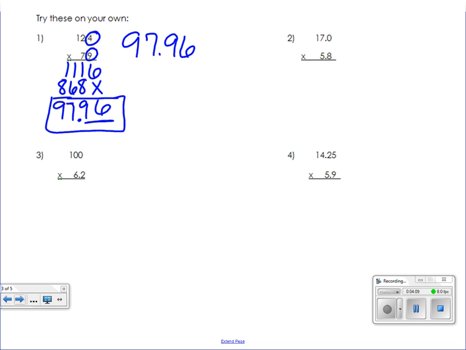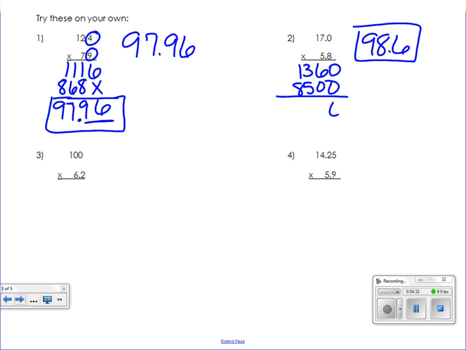On number 2, you should have gotten 98.6 as your final answer. So when I multiply, this would give me 1360. The next line would have been 8500. Add that up. That gives me a 0, a 6, an 8, and a 9.